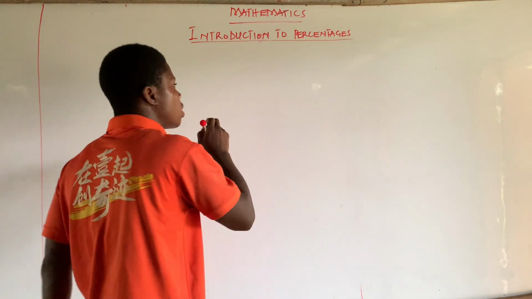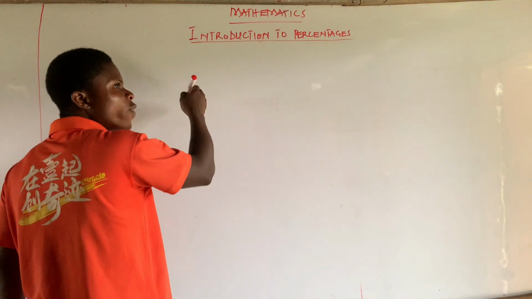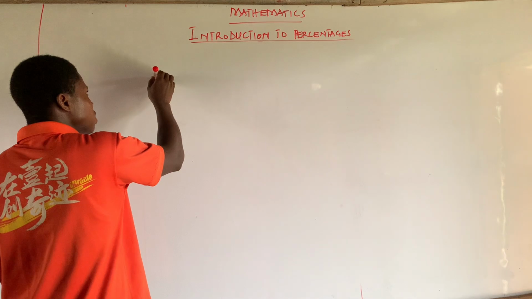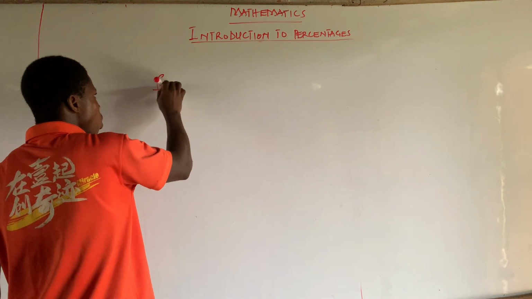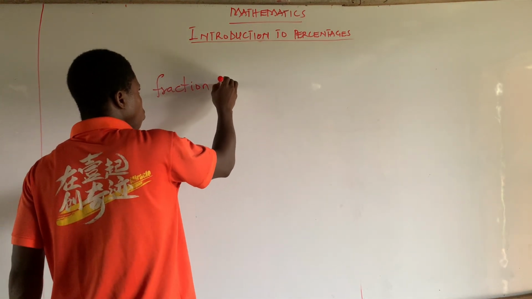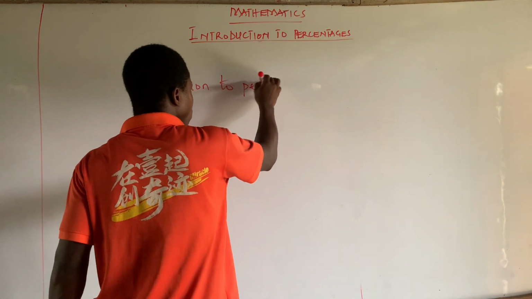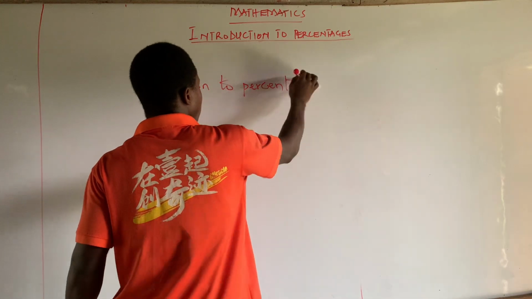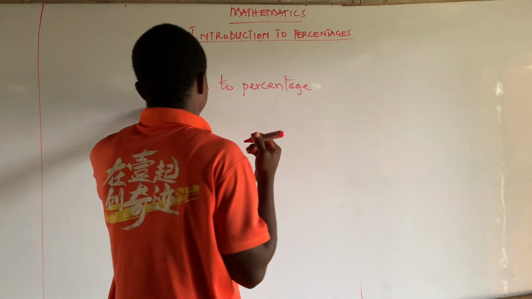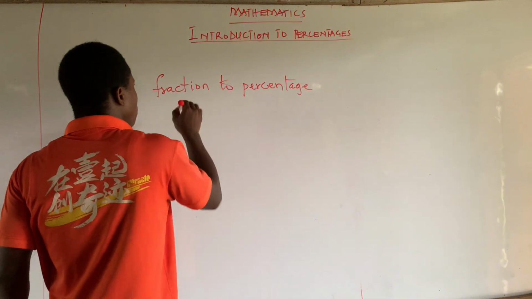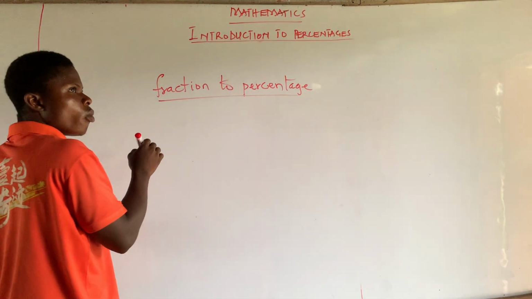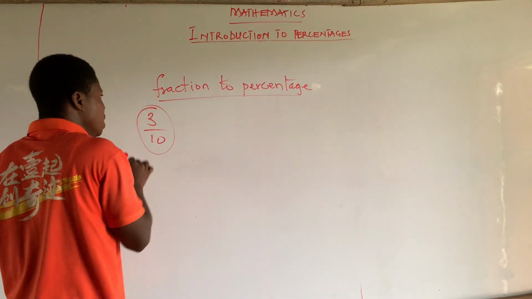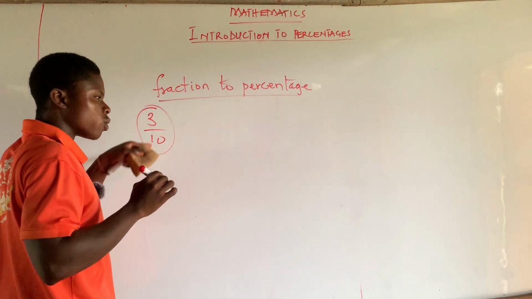We have converting from a fraction to percentage. Assuming we have 3 out of 10, we want the percentage of the 3 out of the 10.